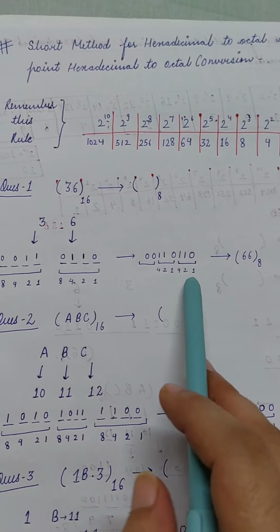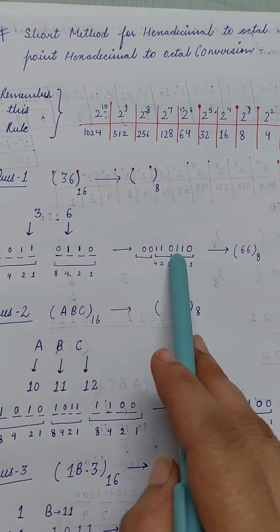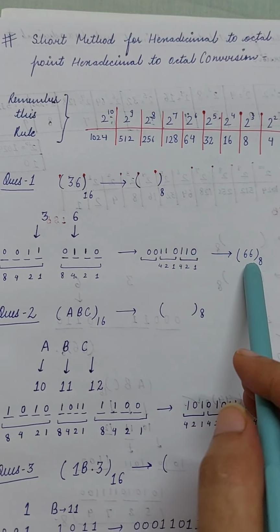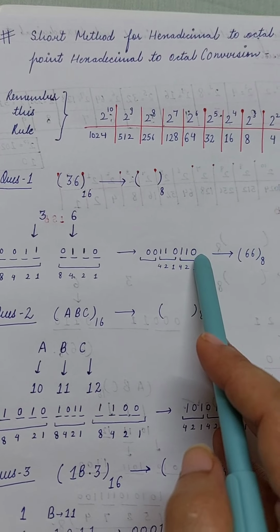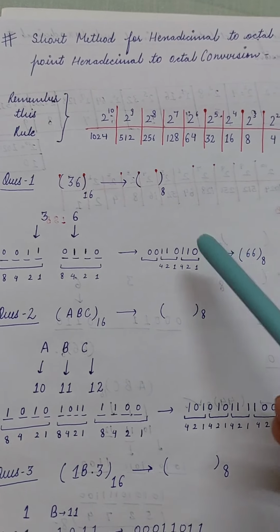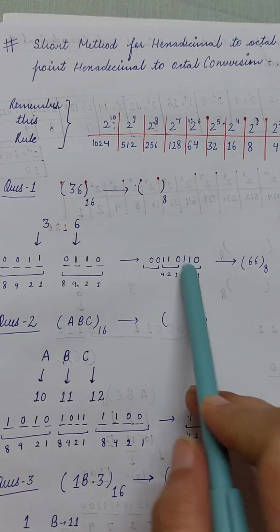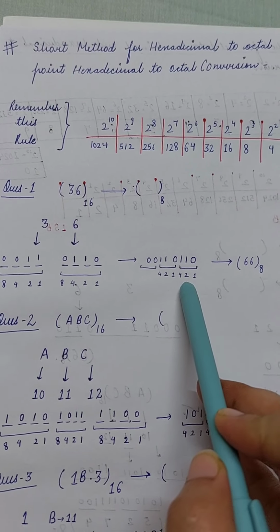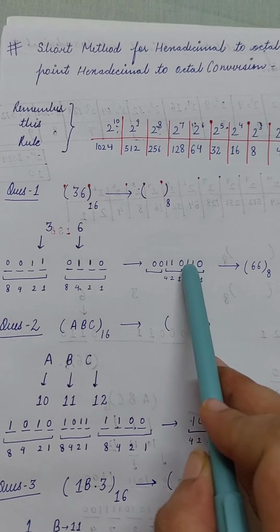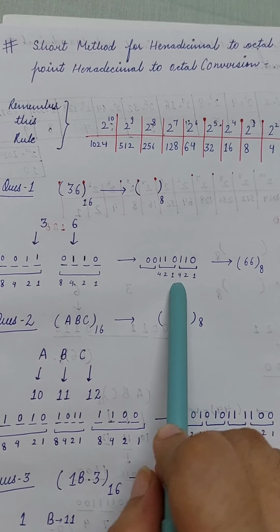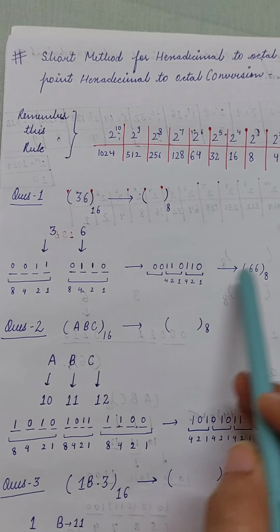Now see the numbers where we have 1 and add them up, and then you will get the answer. See, here we have 0, so that is not going to affect the answer. Here we have 1, and its bottom is 2, so 2 plus, see the next digit, it's 1, and the bottom is 4. So 4 plus 2 will give you 6.